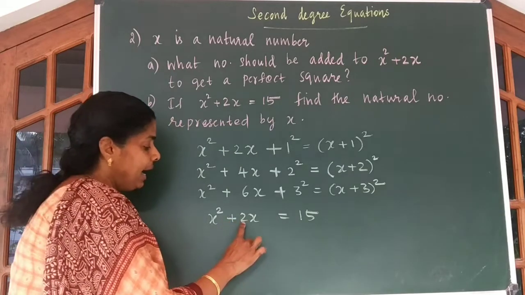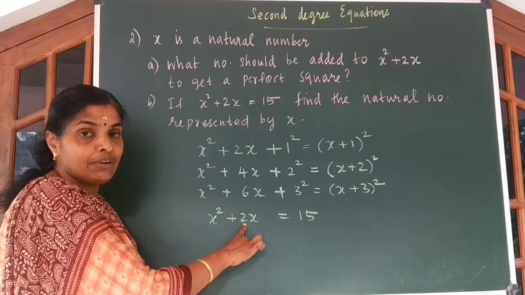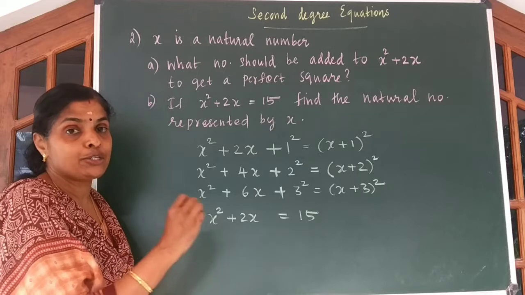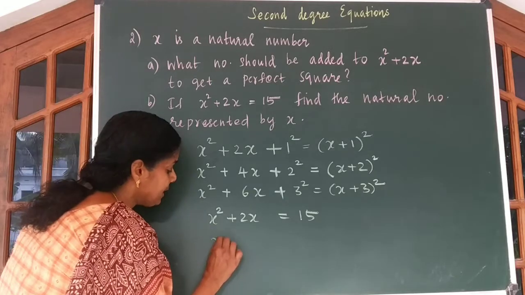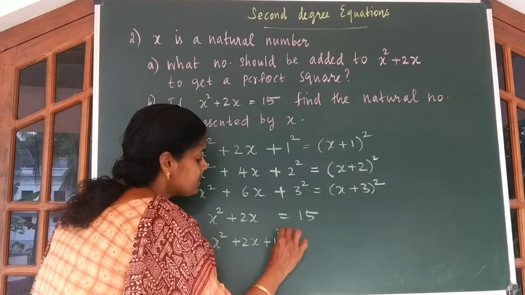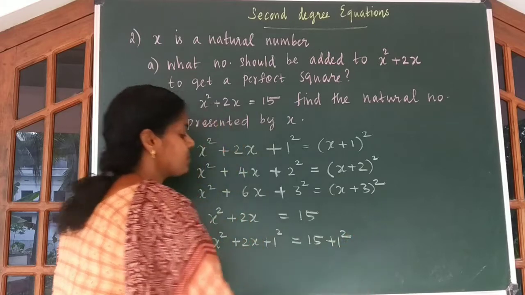Now add half of 2. Half of 2 is 1. Now we have to add 1 square to both sides, so that you get x square plus 2x plus 1 square is equal to 15 plus 1 square.